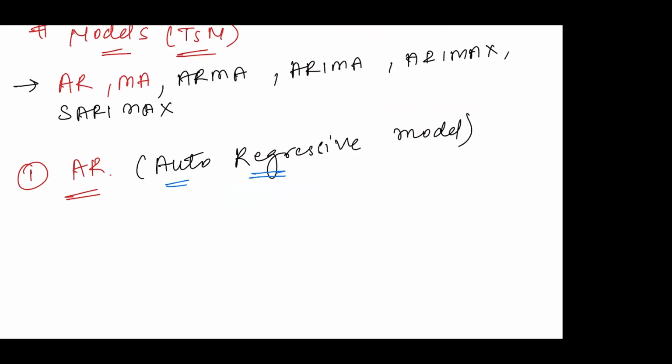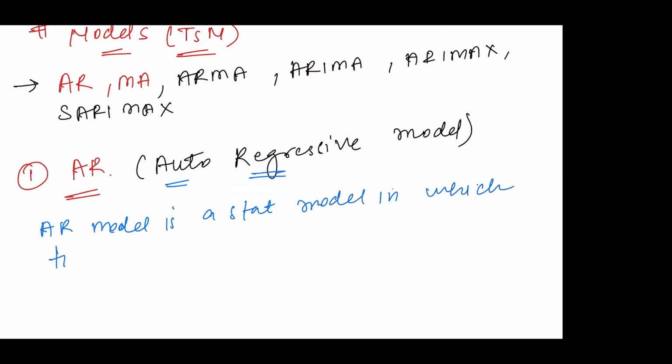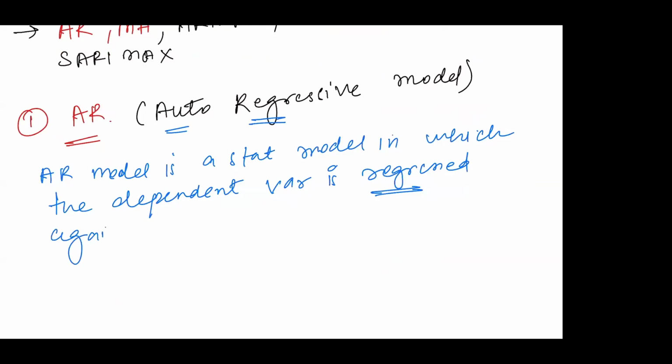So an autoregressive model is a statistical model in which the dependent variable is regressed, regress means linear regression, against its own lagged values.